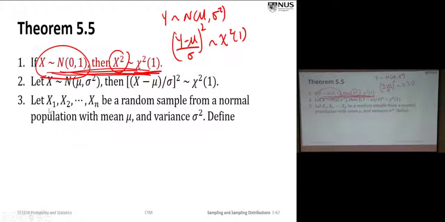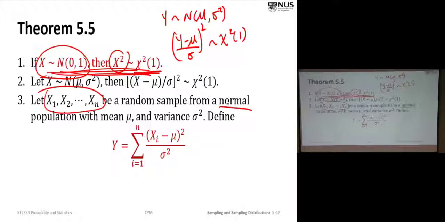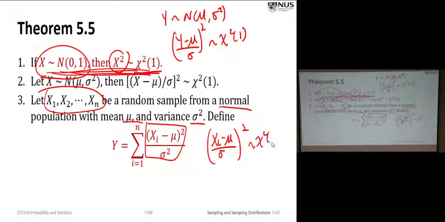So now if I have a bunch of Xi, which are normal with mean mu and variance sigma squared, then I standardize each, (Xi minus mu) over sigma, and square it. So this is chi-square 1.